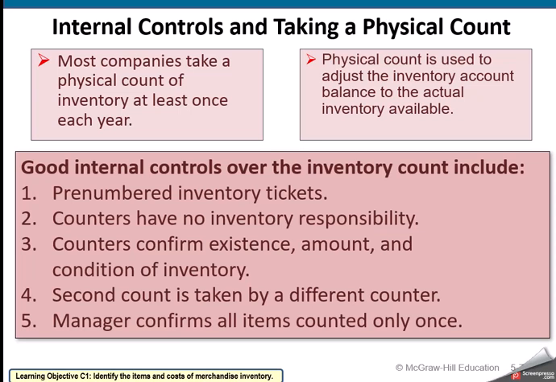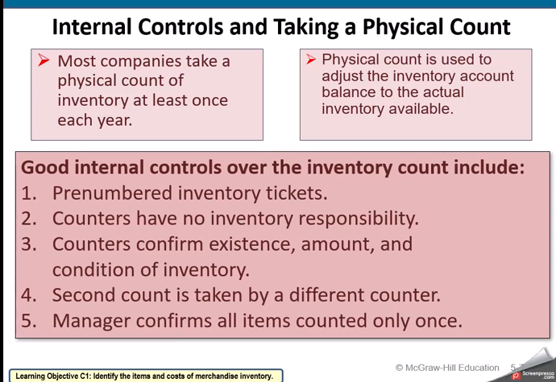Some good internal controls that a company could utilize to take the most accurate inventory count is to use pre-numbered inventory tickets. That way when they go to collect them, they know that they've accounted for every ticket handed out. The counters, the people who are actually counting the inventory, should not be the people who handle it on a regular basis.